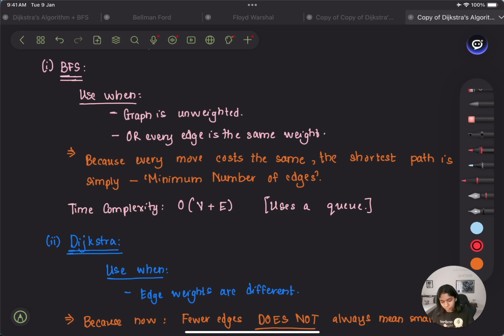So the problem goes from shortest path to minimum number of edges. As we know, the time complexity is V plus E, and this uses a queue.